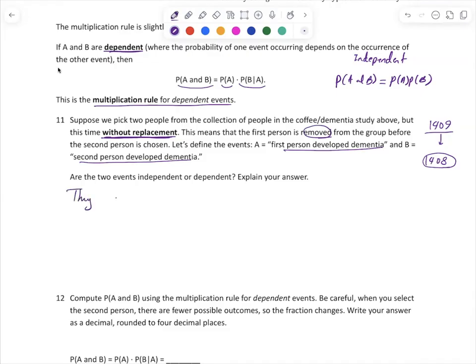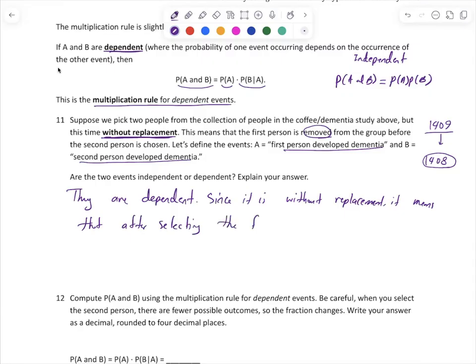They are dependent since it is without replacement. It means that after selecting the first person, that person is removed from the group.